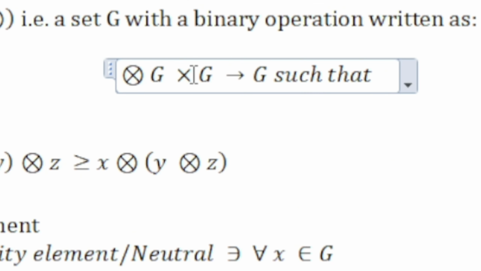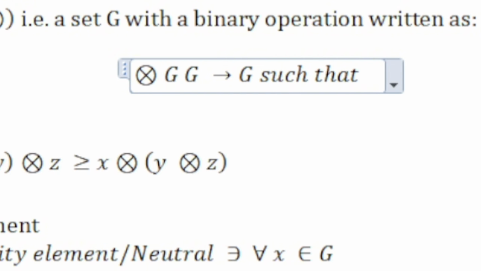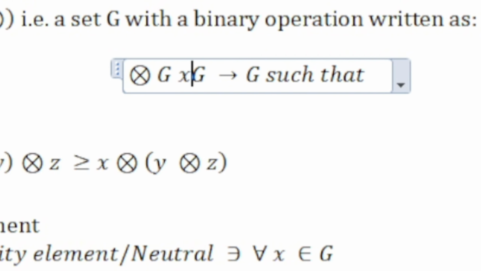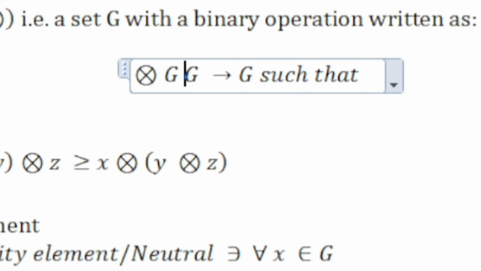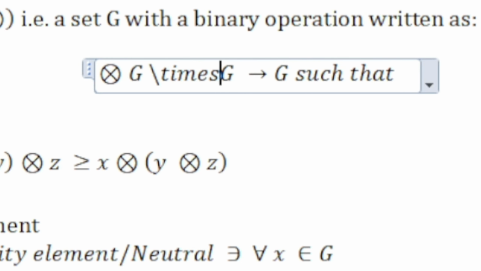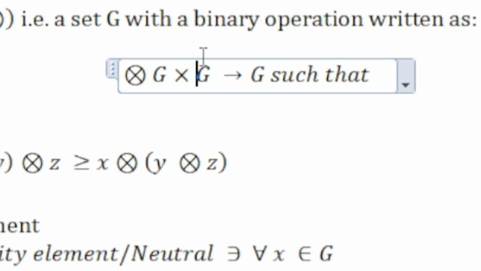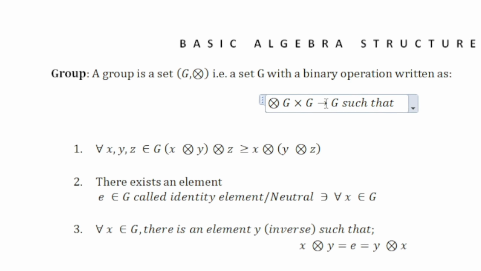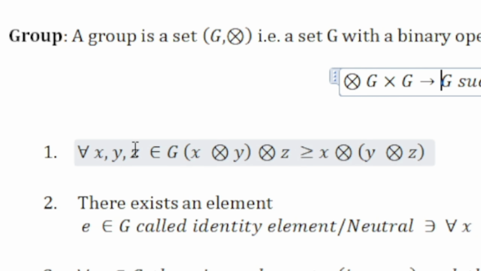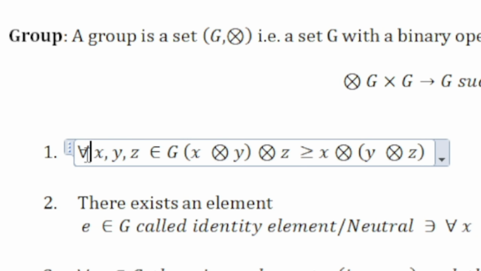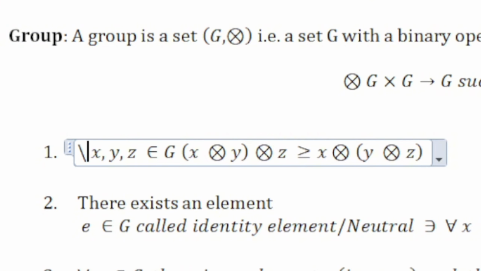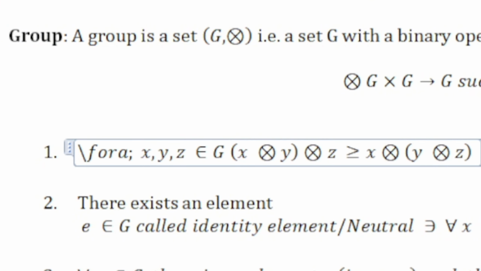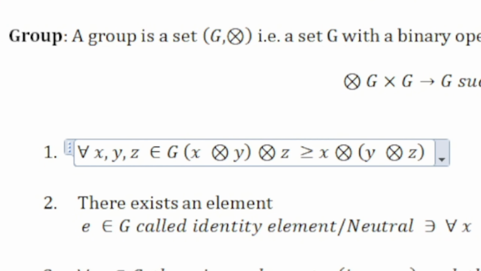Now there's a way you can write your times. Some people just mistake it as X, but it's not going to look like the normal times. So you write \times, and it gives you your normal sign for times. Then for this one, it's \forall, and that will give you that sign, such that this is for all X, Y, Z in G. So this for all sign is given by \forall, and that changes to that.